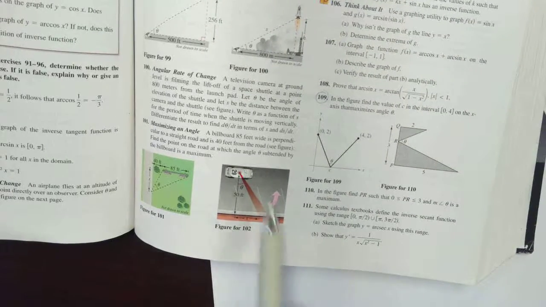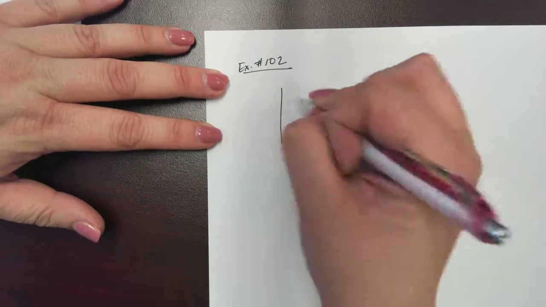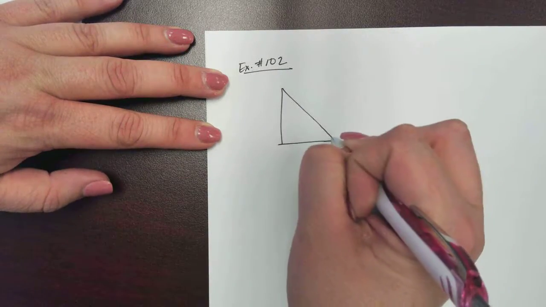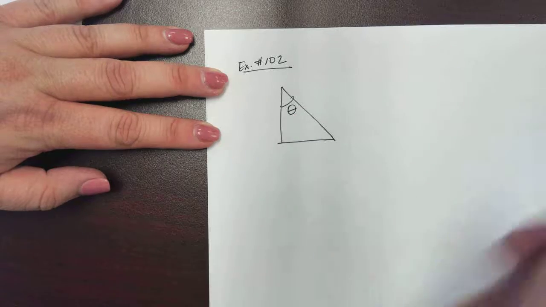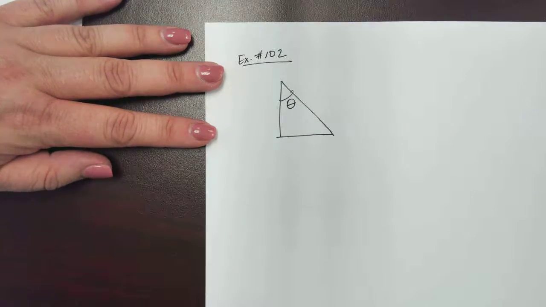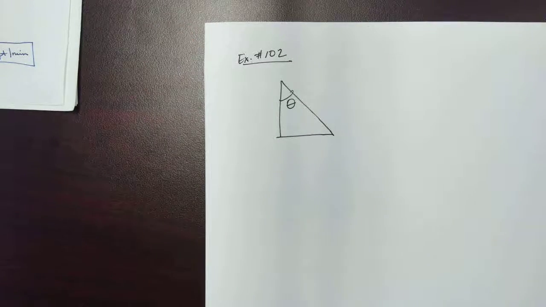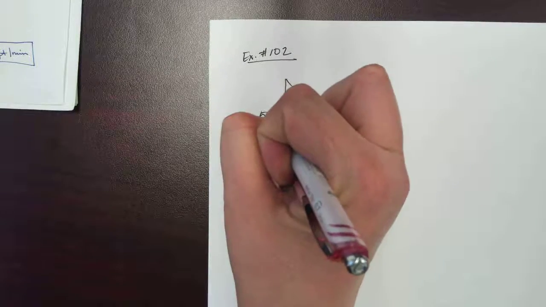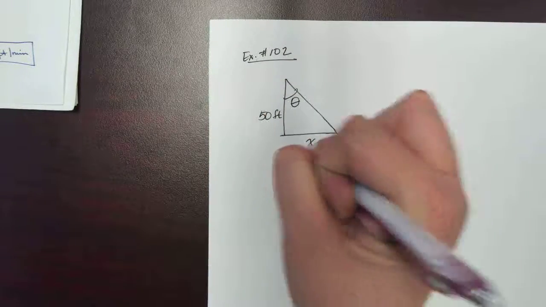Here's the figure for 102 down here on the bottom. So from the drawing, I have a triangle like this, and this is theta, which is kind of weird, right? And this is 50 feet, and this is x.